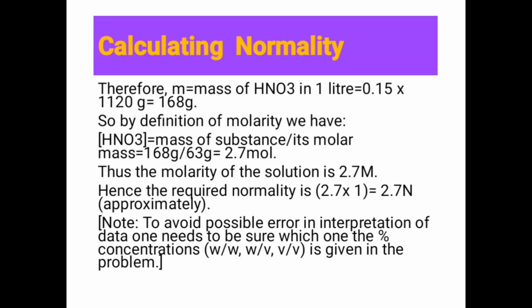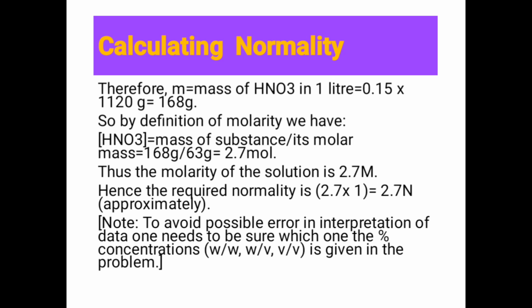168 gram. So to find the molarity, since we now know the mass of HNO3, the number of moles is equal to mass over molar mass, which is 168 over 63, and that's 2.7 mole.